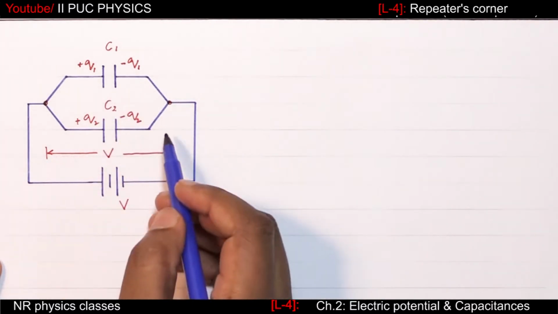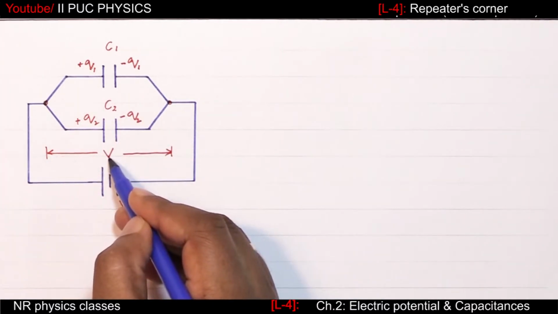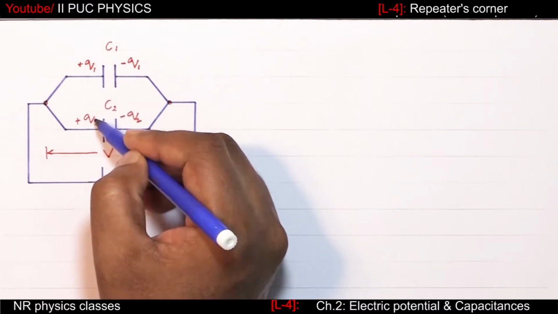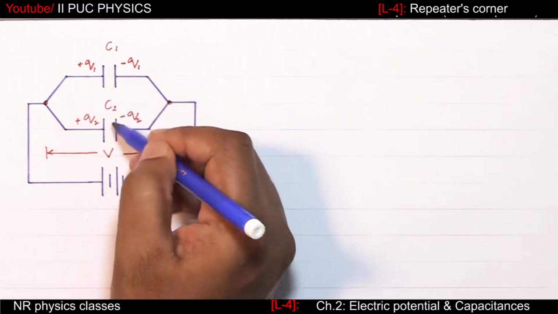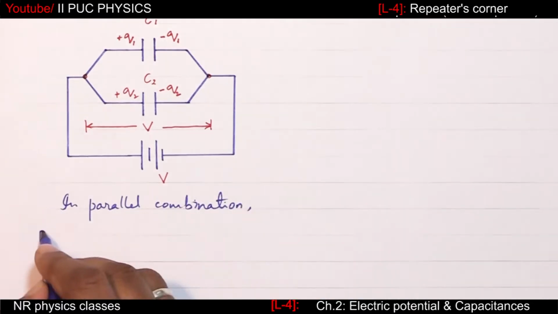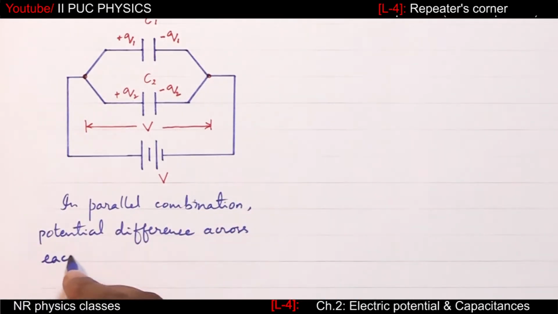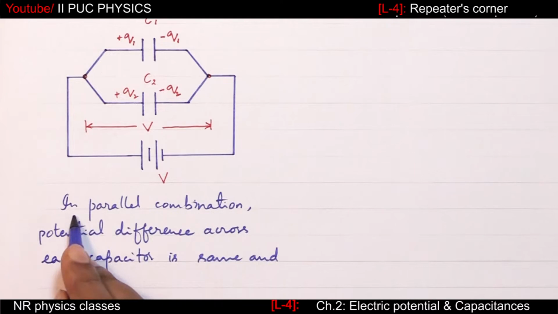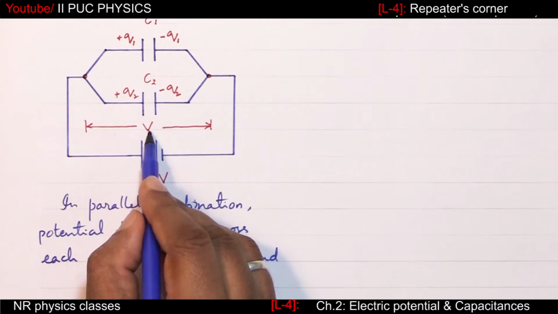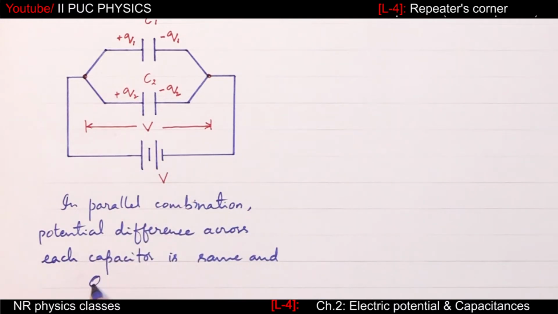In parallel combination, potential difference across each capacitor is same and that is equal to V, and Q equal to Q1 plus Q2.